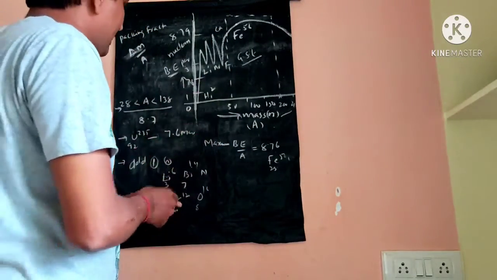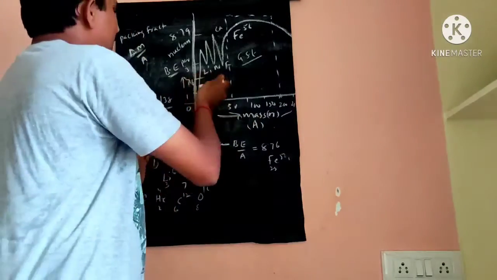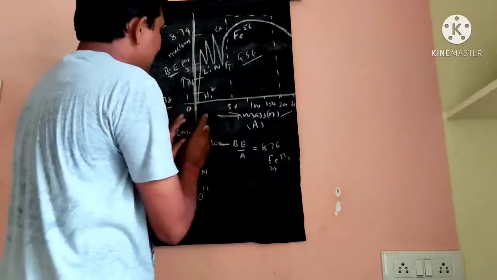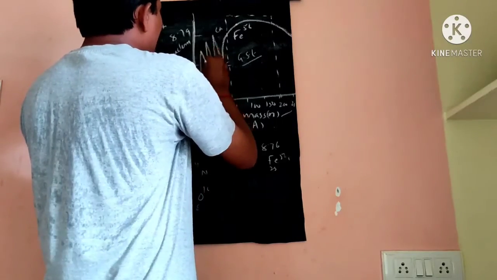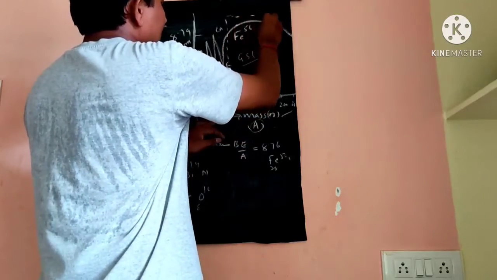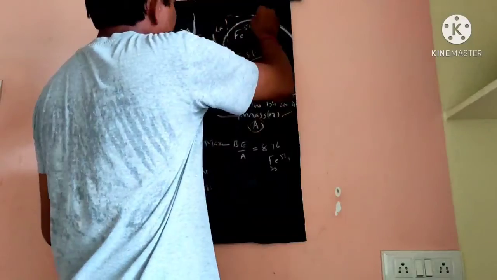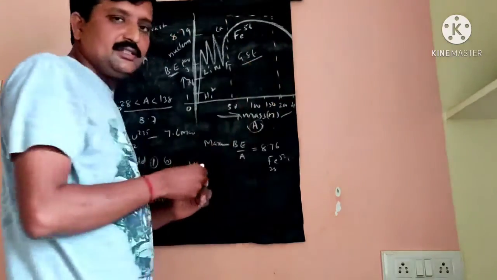Based on this graph, we can explain the stability of the nucleus. Just observe the graph. Initially the binding energy increases with increasing mass number. Then after that, as the mass number increases, the binding energy decreases.